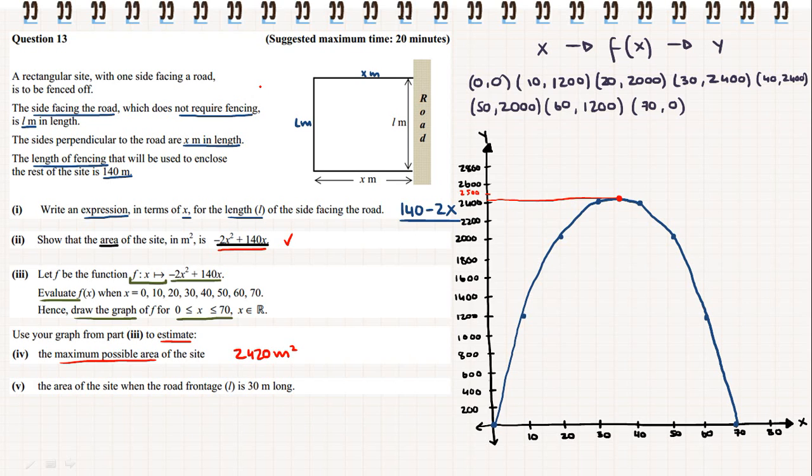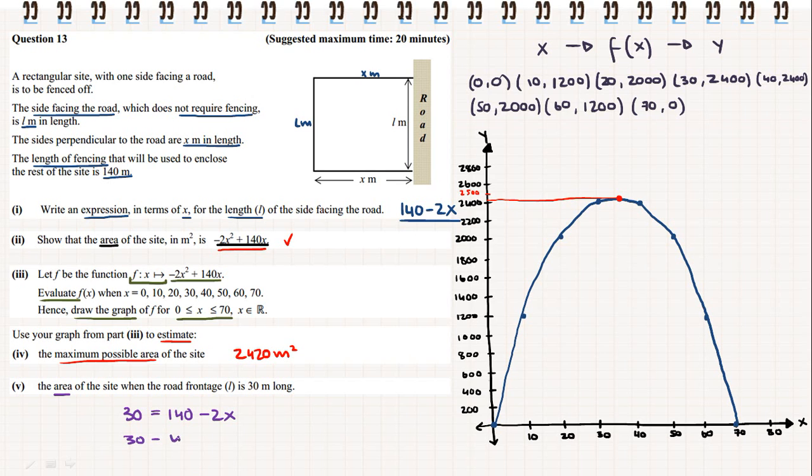Now we need to estimate the area of the site when the road frontage, or L, is 30 meters long. In order to estimate the area when it's 30 meters long, first of all we really need to find x. So write down, when L is 30, we have 30 is equal to 140 minus 2x.